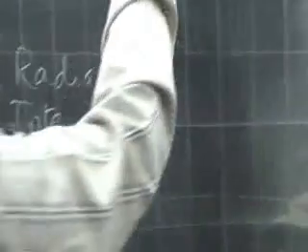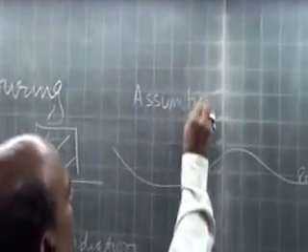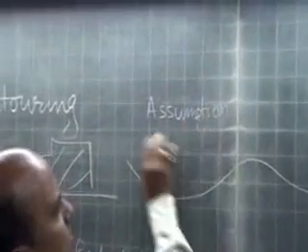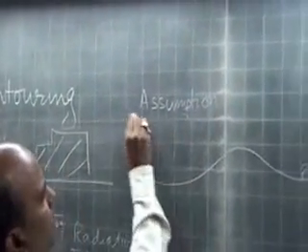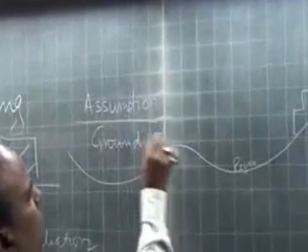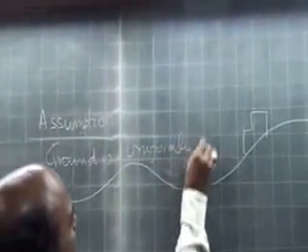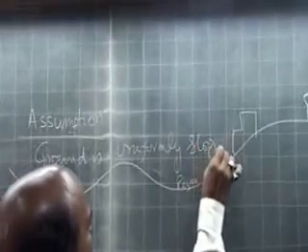What we are assuming here, the assumption here is the ground is uniformly sloping. This is our assumption when we are doing linear interpolation.